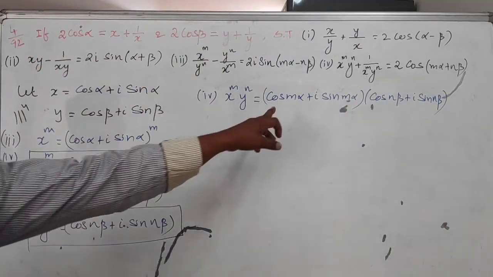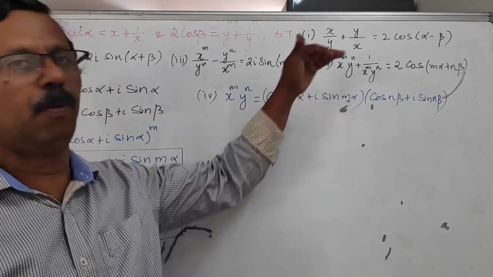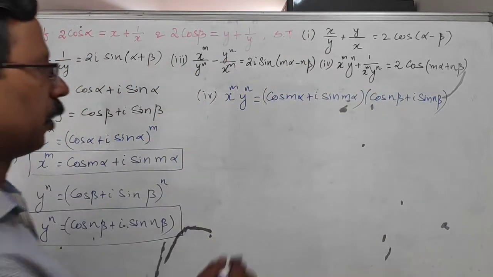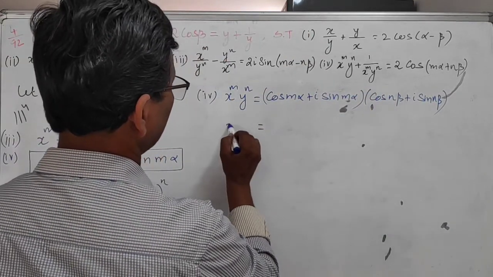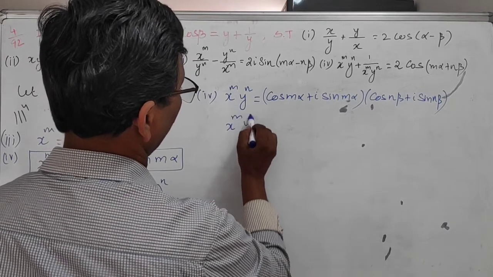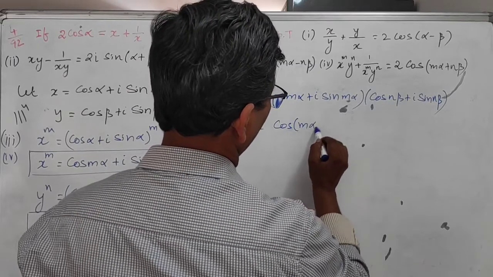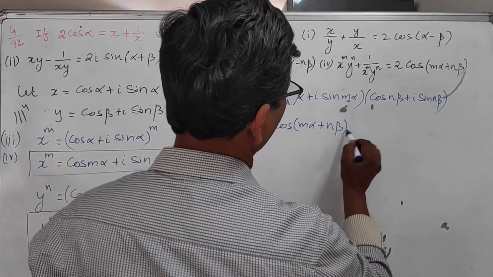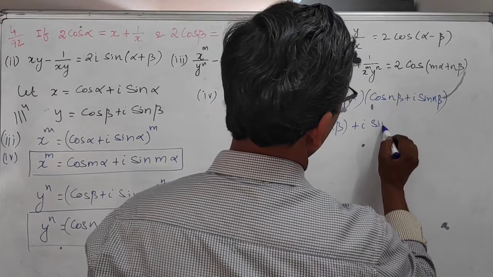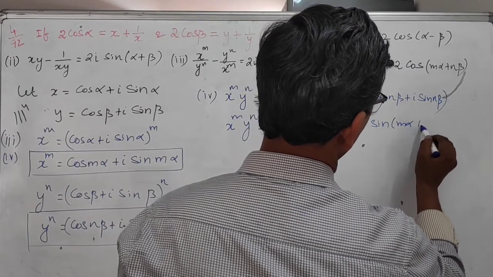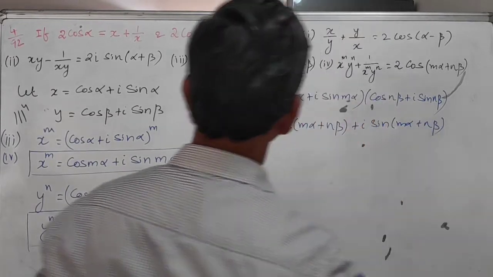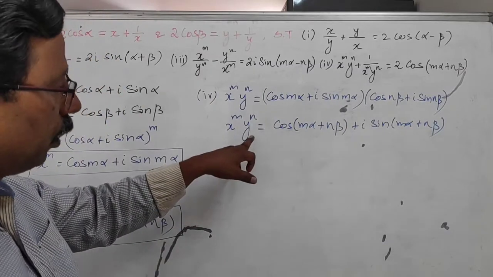Now, while multiplying, if they are in the standard polar form, we can add their arguments, so x power m into y power n is equal to cos of m alpha plus n beta plus i sin of m alpha plus n beta. Now, this is x power m into y power n.